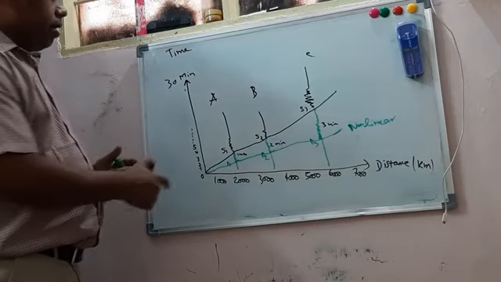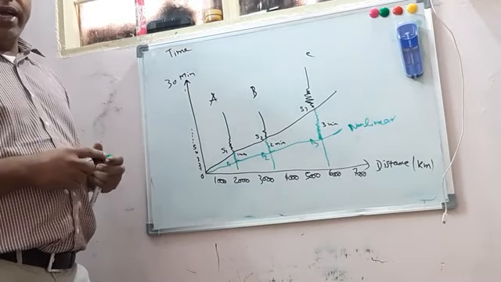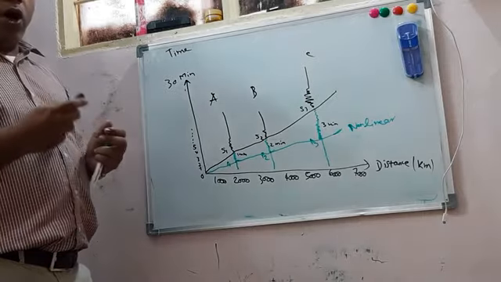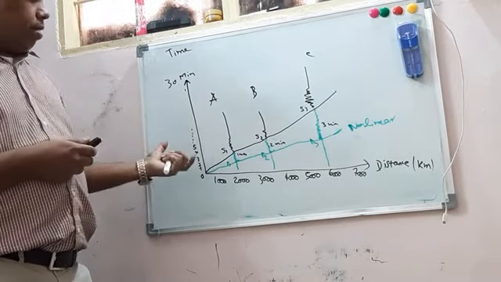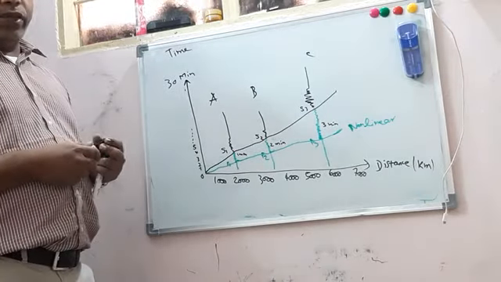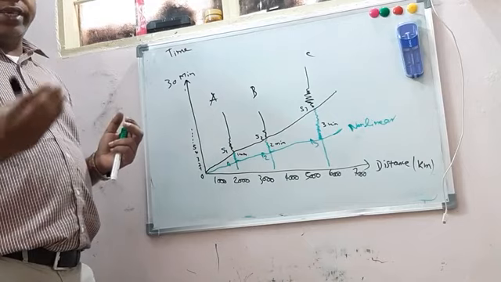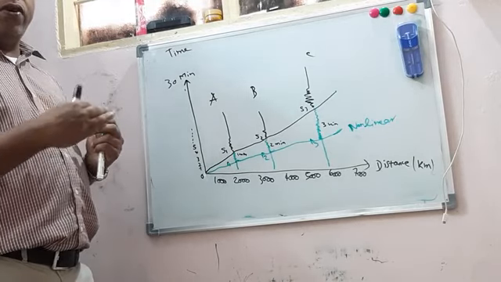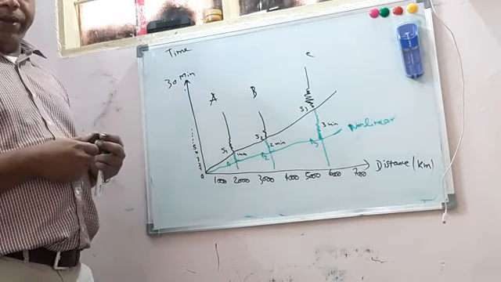So the time difference between P and S waves is very significant. Based on the time difference, you will know how far or how close a station is to the epicenter. If the time difference increases, these stations, that is seismometers, are located far away from the epicenter.